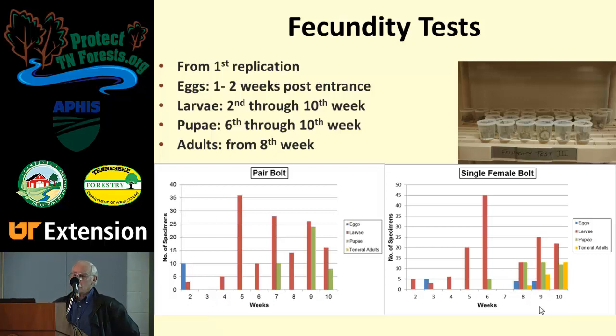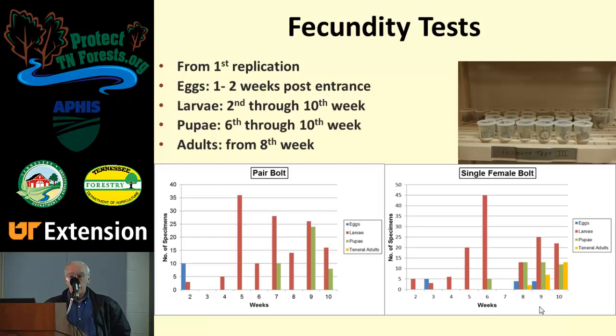But it looks like we're going to have to run the test again for 20 weeks, because after about a week, the female begins to produce eggs. After the second week, we see larvae developing. After about the 6th through the 10th week, we see pupae developing.